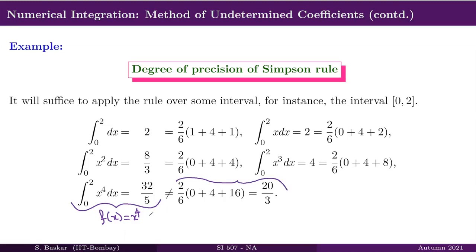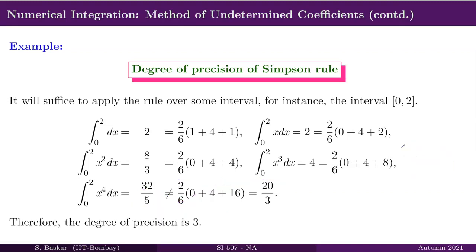Therefore, this is the first level where we have unequal value on both sides, right? Therefore, you leave this and declare n equal to 3 as the precision of the Simpson's rule. It gained one precision more because of its symmetric nature of the nodes. Therefore, the degree of precision of the Simpson's method is 3.